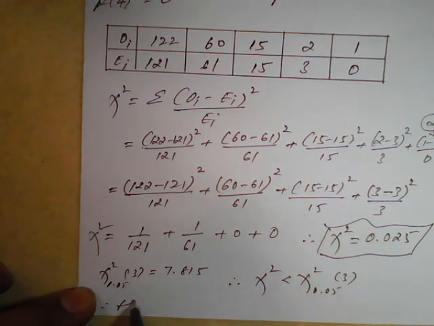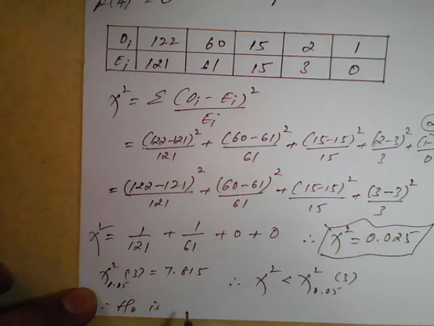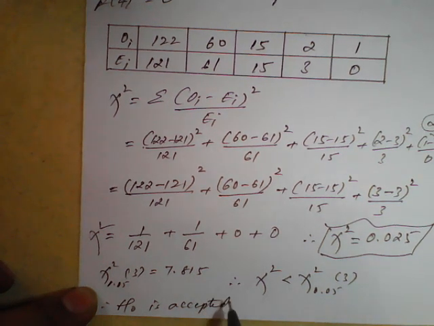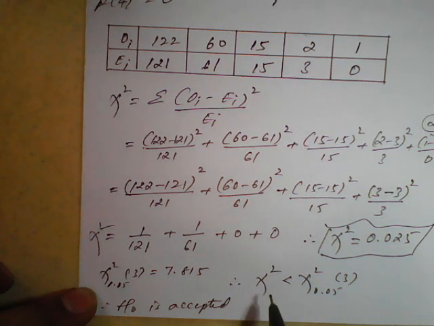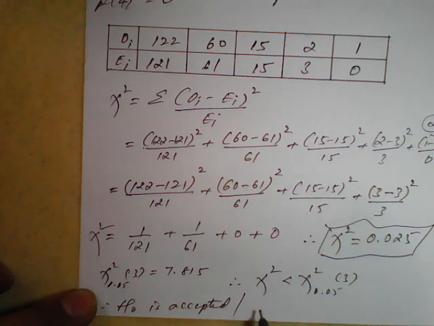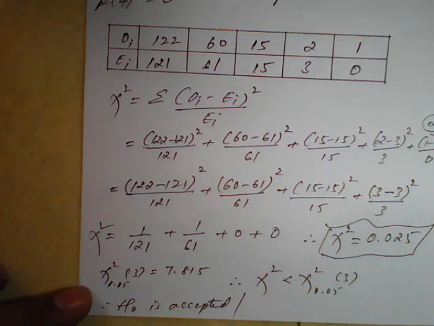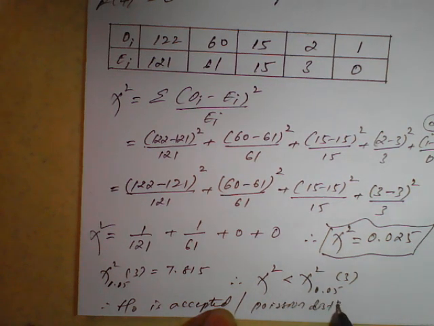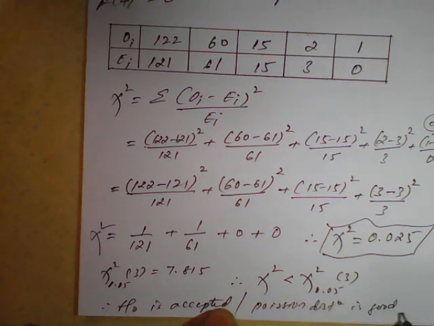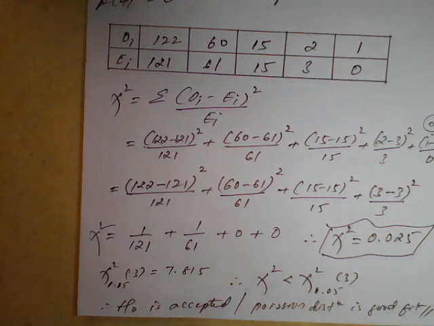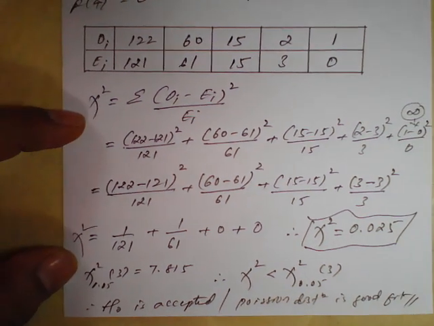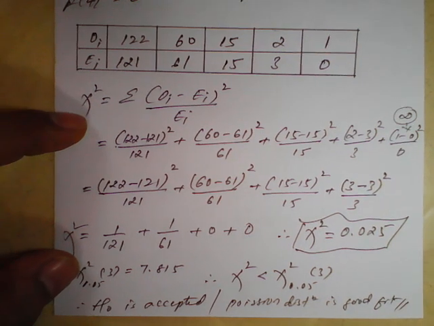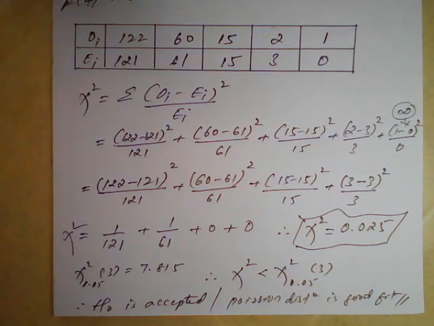Therefore H naught is accepted, or I can say that the Poisson distribution is a good fit. So in this way we need to calculate the examples based on the chi-square test.